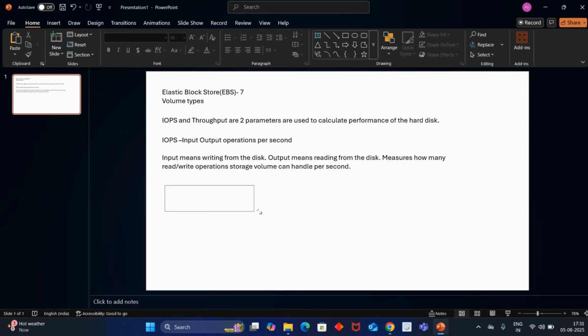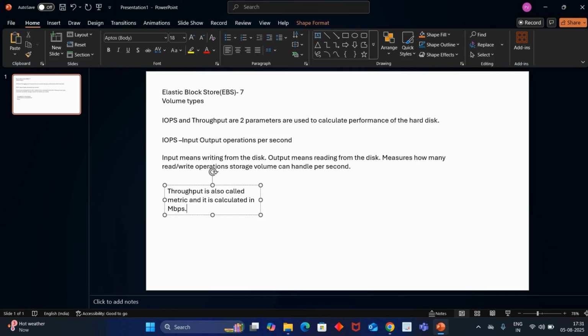The next thing is throughput. Throughput is also called a metric, and it is calculated in Mbps.